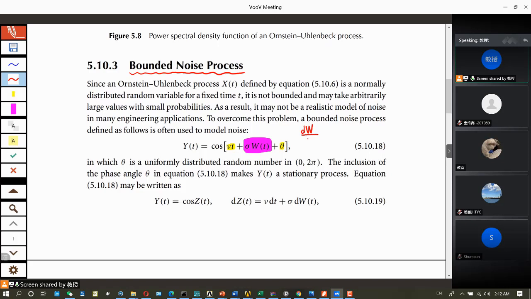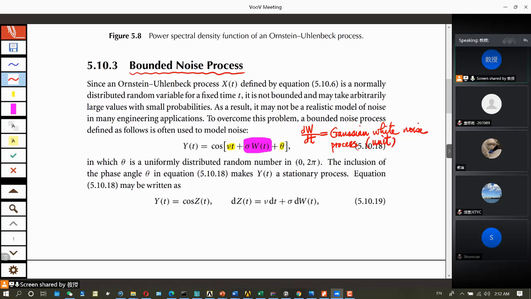dWt/dt is a Gaussian white noise process, or unit Gaussian white noise process.